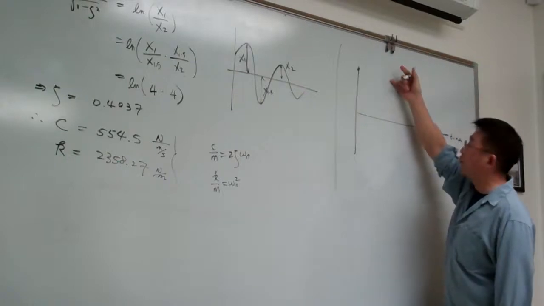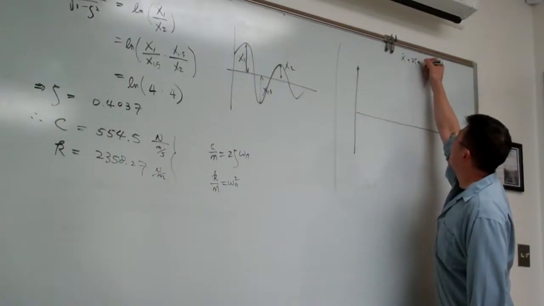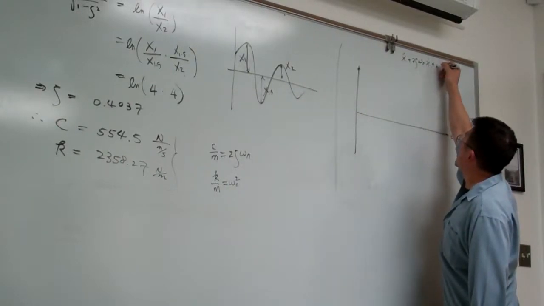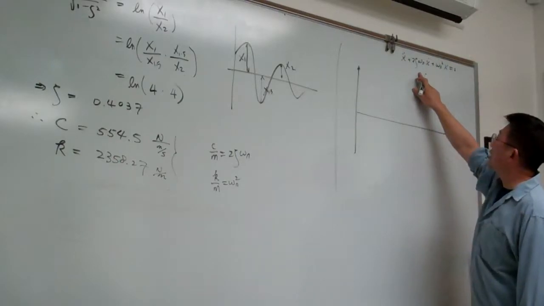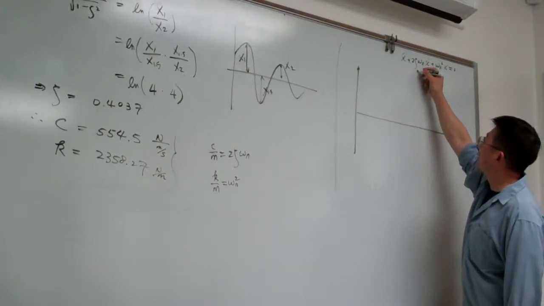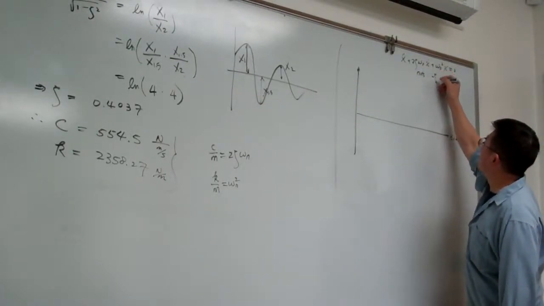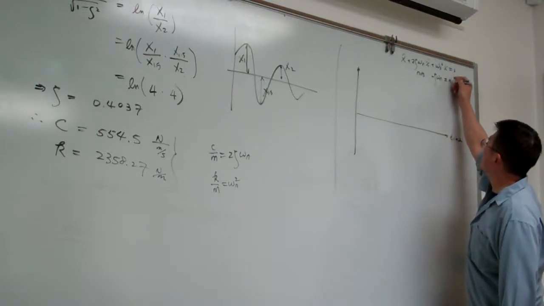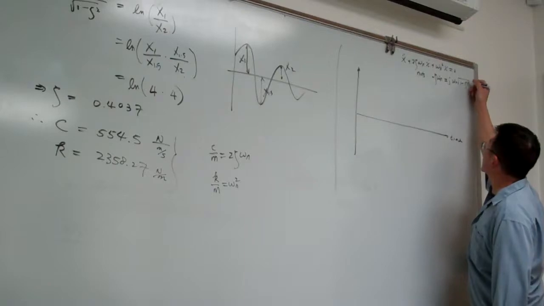For a vibration system, x double dot plus 2 zeta omega n x dot plus omega n squared x equal to 0, we have a characteristic root equal to minus zeta omega n plus j omega n square root of 1 minus zeta squared.